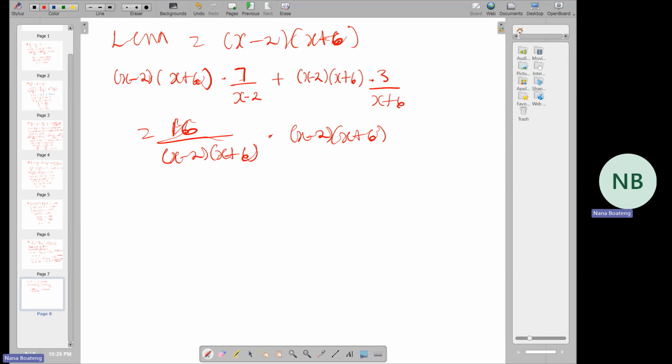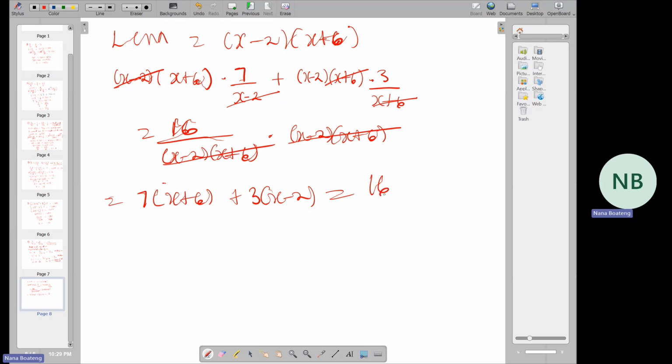All right, so here x minus 2 divides x minus 2. We have 7 times x plus 6, plus x plus 6 divides x plus 6, so plus 3 times x minus 2, and this equals 16, since x minus 2 times x plus 6 also divides x minus 2 times x plus 6.